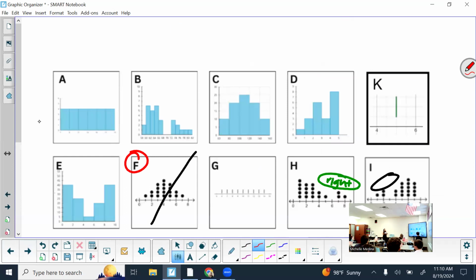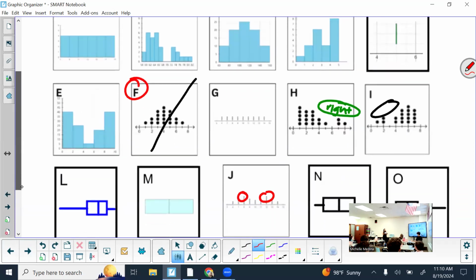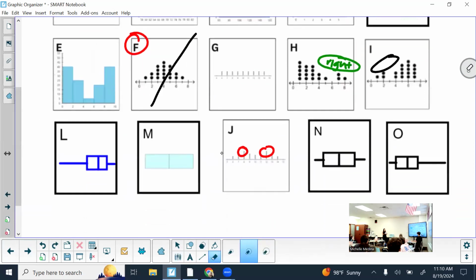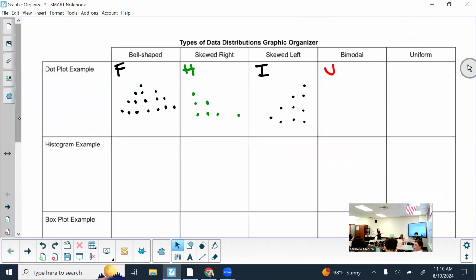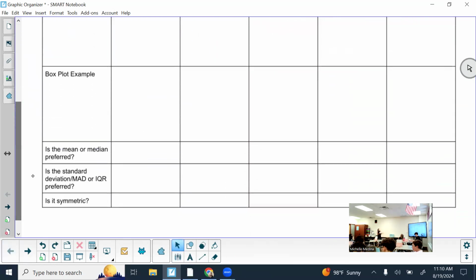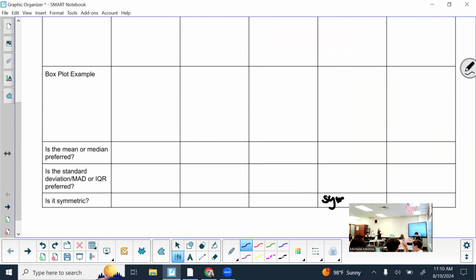Is the bimodal symmetric, class? No. Well, I could draw a line of symmetry down here, it looks like, and that would be my middle. It does look perfectly symmetric. So maybe while we're on that one, scroll down. When it's bimodal, it is symmetric. You can just say yes, because it says, is it symmetric?